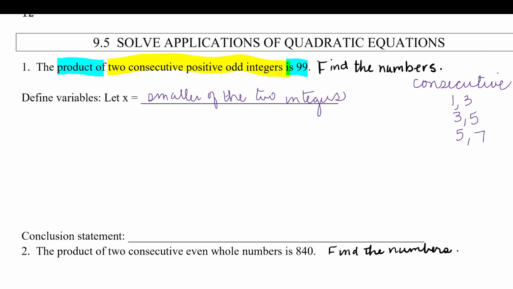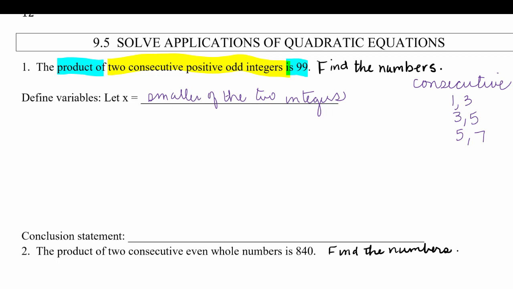And how far apart are these two integers? In 1 and 3, 3 is 2 units away from 1. And in 3 and 5, 5, which is the larger of the two integers, is 2 units away from 3. Okay. And in 5 and 7, 7, the larger integer, is 2 units away from the 5, right?